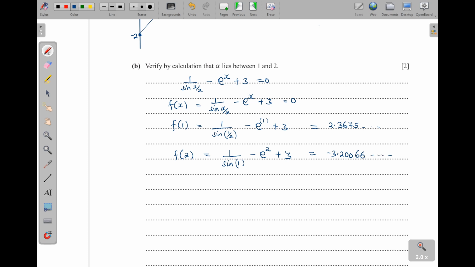Then I can conclude that since there is a sign change between f of 1 and f of 2, alpha lies between 1 and 2, because alpha is that root.